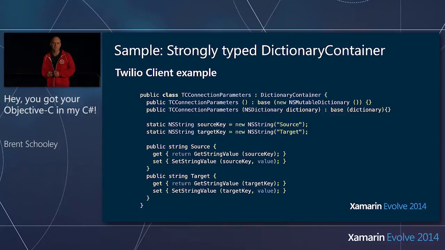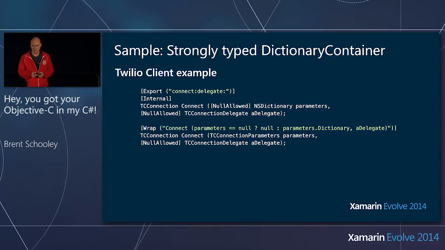So instead of having my user need to know that the underlying key is source and the underlying key is target, I'm exposing to them a property on this connection parameters object of source and of target, and it's of the right type. And the getters and setters for those properties call directly into the NSDictionary methods that you would work with anyways. So you end up with a much better experience for your users.